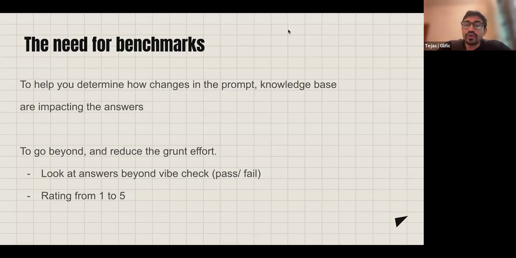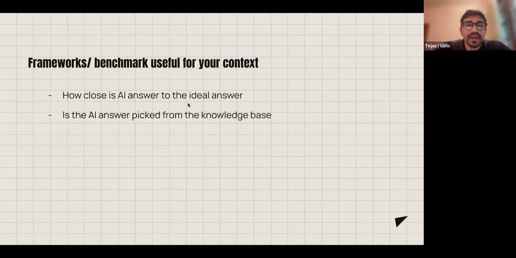So in order to be fully sure about the implications of any changes you make, and before you release it to the audience, to get a sense of how well it is performing, it's good to have this as a part of your process.